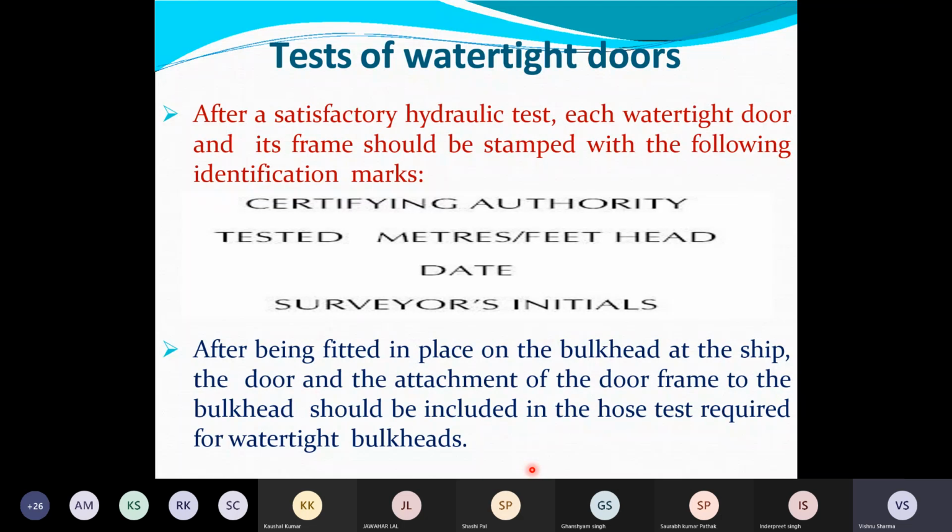And we discussed there also that only the compartments which are designated to take water will be actually filled up with water for testing. Others would be tested through hose test. So once the watertight door is fitted on a bulkhead, and obviously that bulkhead is to be tested through hose test, then this arrangement also gets hose tested.